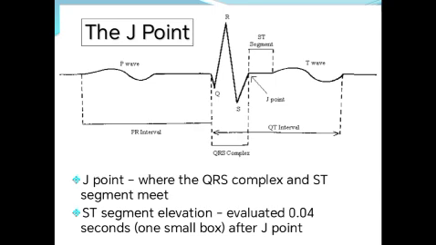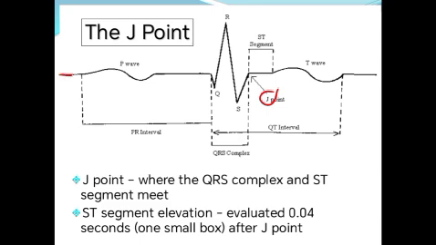Here is the key point: how to locate and identify the isoelectric line in sequence. First we have to identify the J point. Here, this arrow marks the J point. So this is the J point here. Now that we have identified the J point, after that we should identify the isoelectric line. This is the ST segment here.